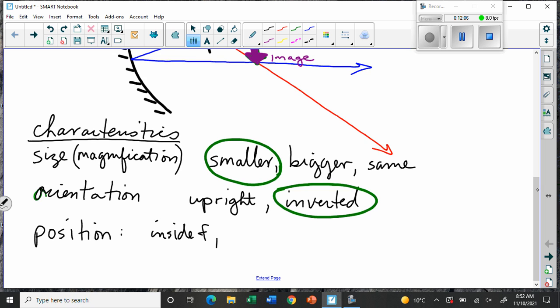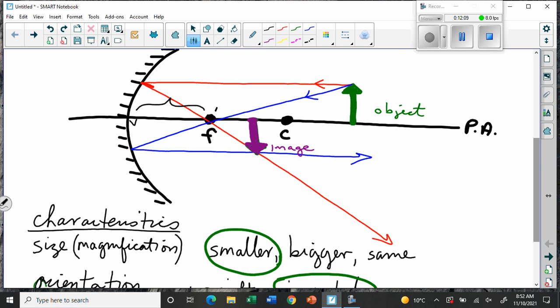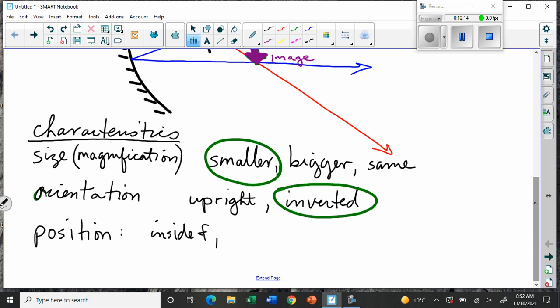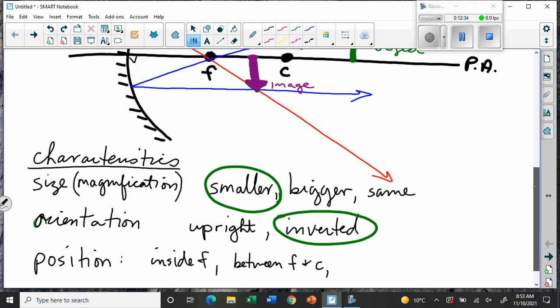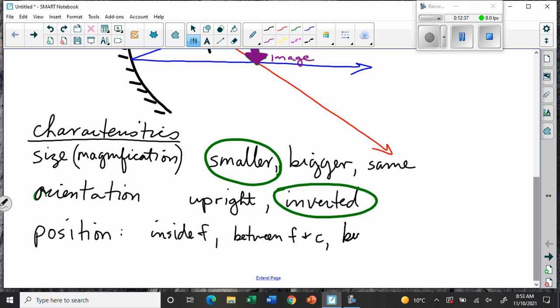The other place the image could be is between the F and the C, like ours right now. So that's another spot. And the other spot is anywhere out here, which would be beyond C, outside of C. So we often will say beyond C. And of course, there's a couple other options too.